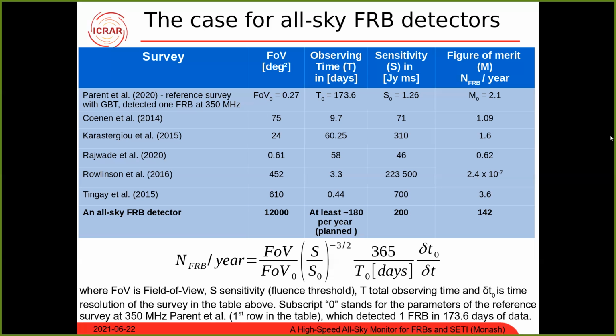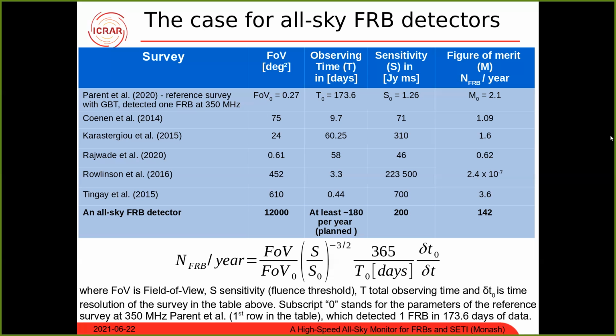Most of these surveys have either a fraction of FRB predicted detection per year, or maybe 1 or up to 4 maybe. And this is because of the combination of not sufficiently large field of view, not sufficiently long observing time, or not very good sensitivity.